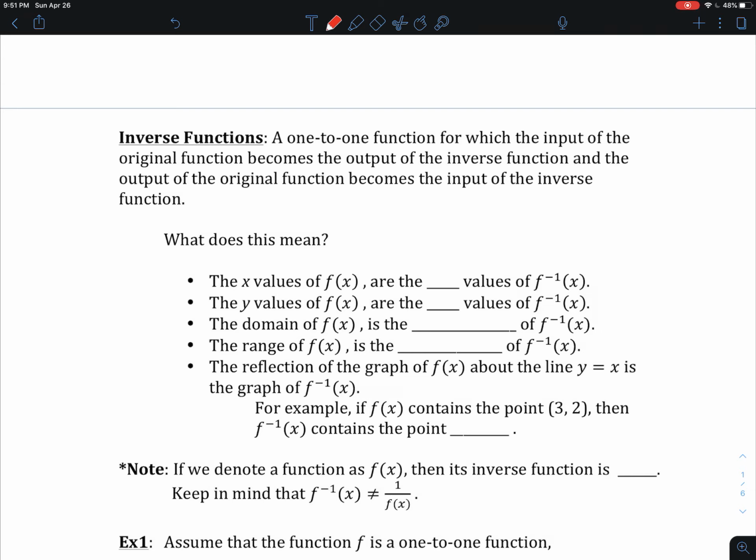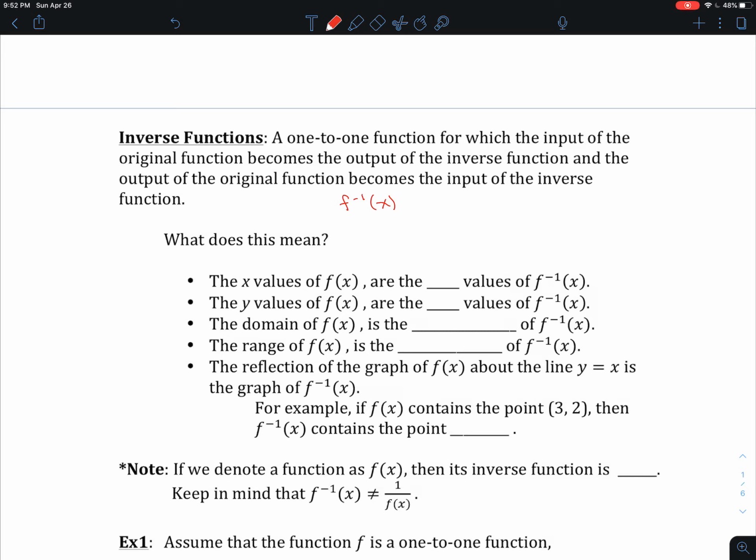The way we write inverse functions is f to the negative 1, which is not a power, it's just the notation for inverse functions. So f inverse of x. Now I'm reading my bullet points: the x values of f of x are the blank values of f inverse of x.